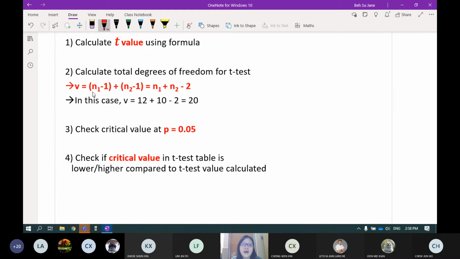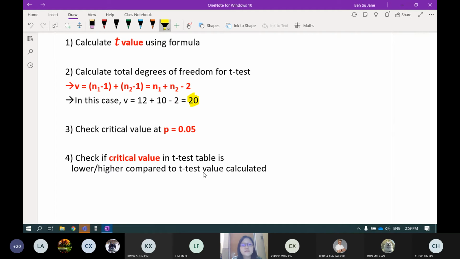So each one minus 1. So n1 minus 1 plus n2 minus 1. That is the formula. If you rearrange this, it will become n1 plus n2 minus 2. I feel like n1 minus 1 and n2 minus 1 makes the most sense. But in this case, either way you calculate, it is 20. Degree of freedom is 20.